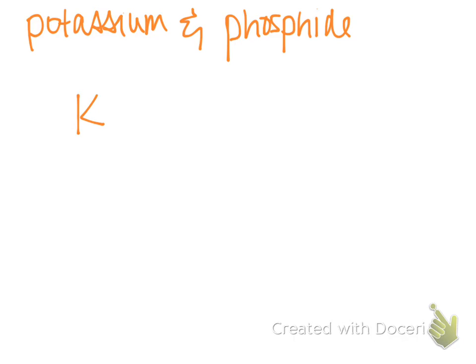So the cation needs to come first, which is potassium. Its charge is +1. Phosphide's charge, phosphorus is just P, right? So phosphide has what charge? -3.